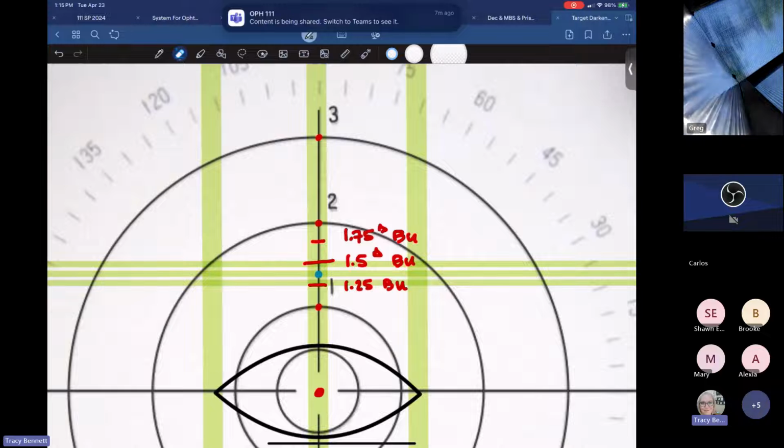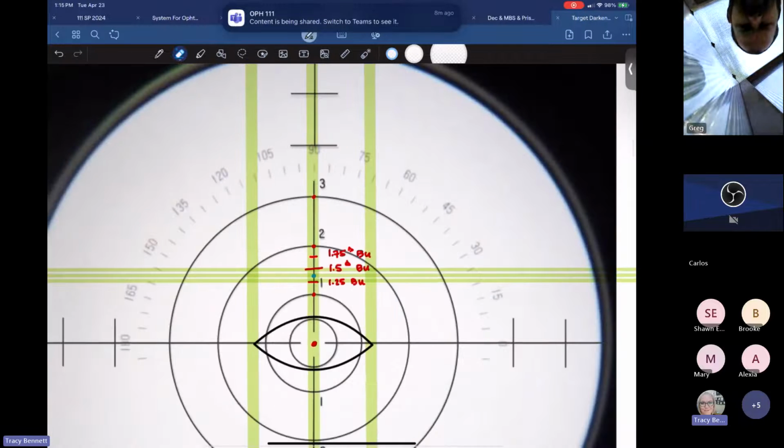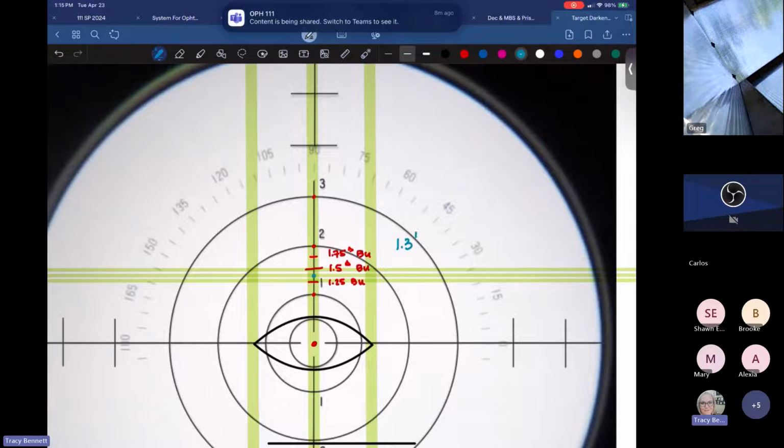You don't even have to stay in dioptric increments. How much would you say we have? You could probably say, well, I think you have 1.3 or 1.4 diopters of base up prism. All right, so that's how it breaks down in each of those little increments.